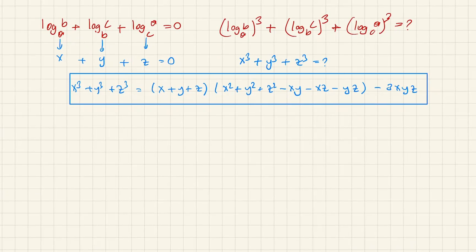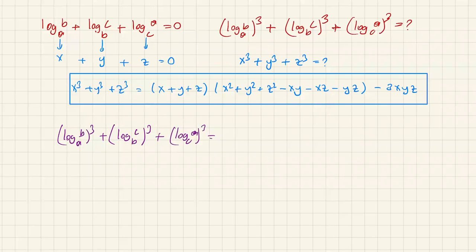So let's plug our numbers into this identity. Based on this, I can just go: log base A of B to the third, and log base B of C to the third, and log base C of A to the third is what we are looking for.